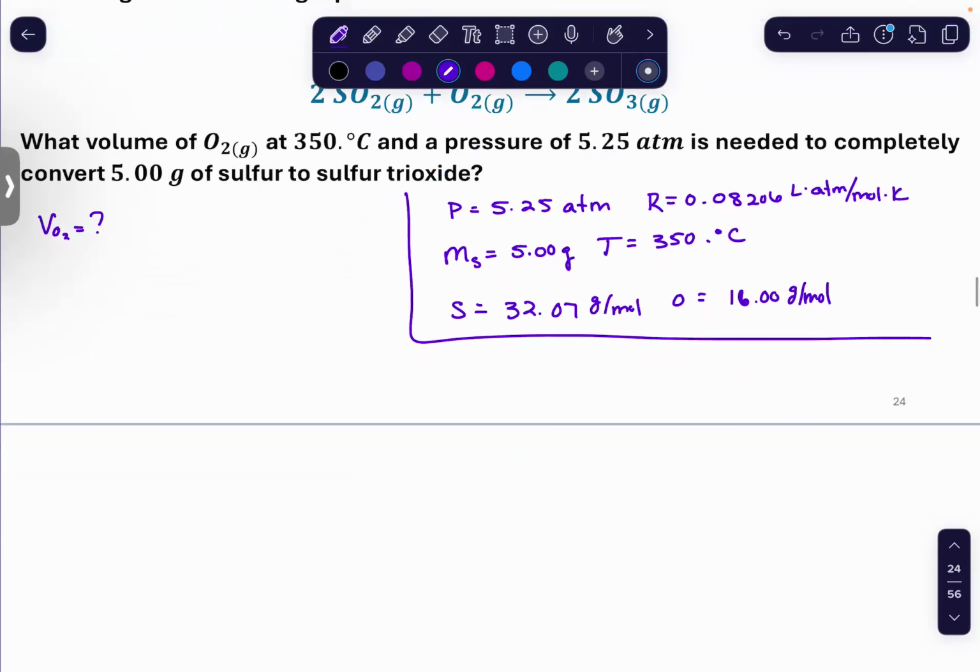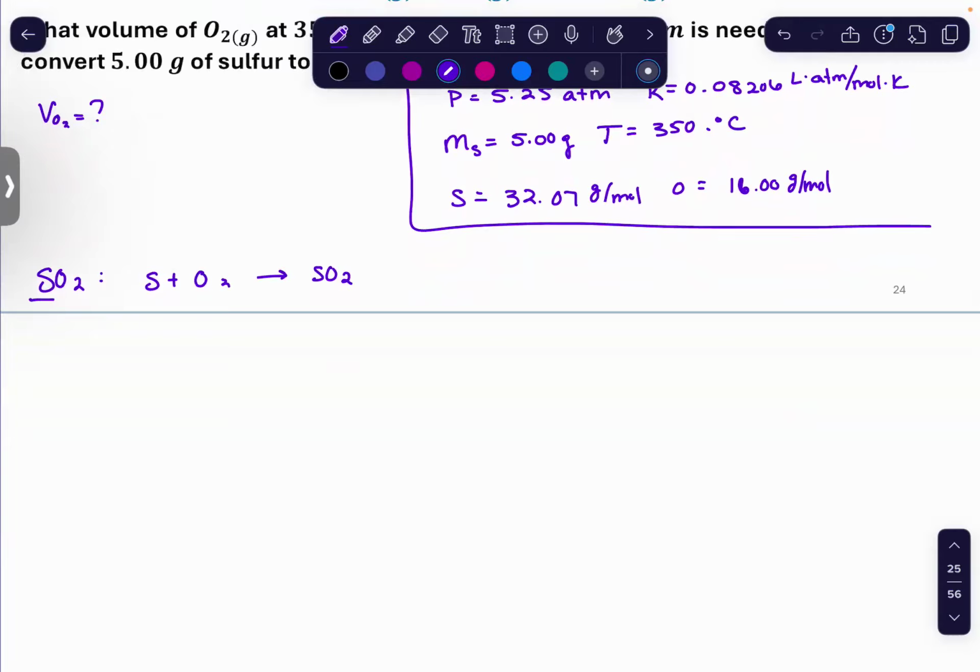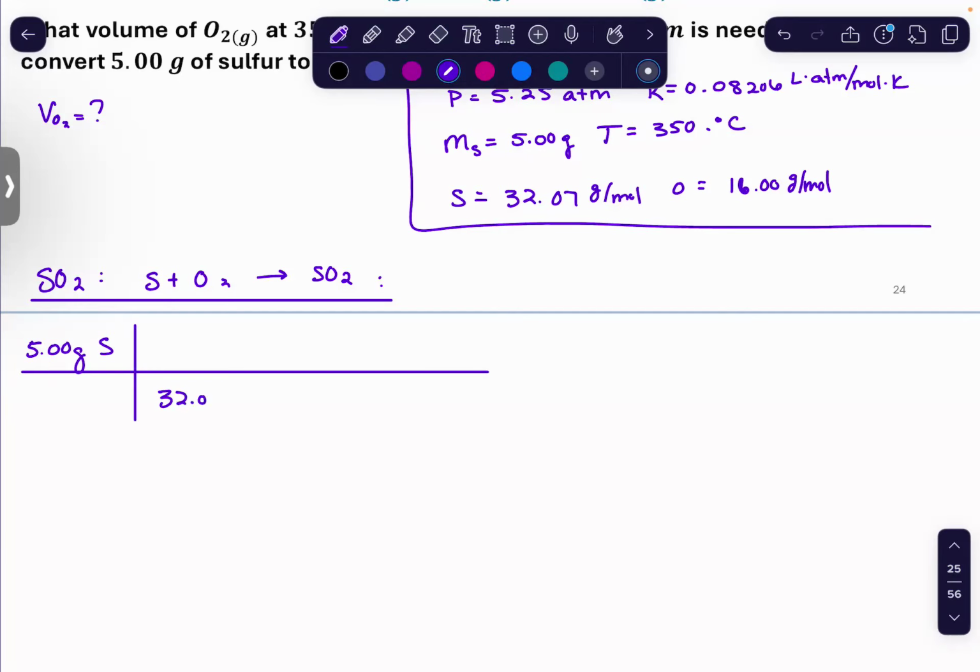Okay, so we're going to start with how much SO2 do we get in sulfur plus O2 yields sulfur dioxide. Okay, so just like we've been doing, 5 grams of sulfur over 32.07 grams per mole sulfur.